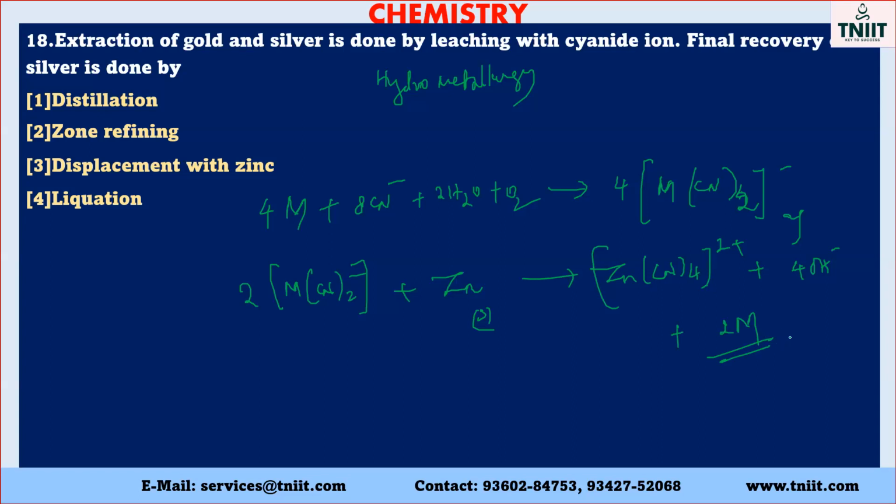This is silver. This is the ore of the metal, and this is the pure metal. So the extraction of gold and silver is done by leaching with cyanide ion. The final recovery is done by displacement with zinc. Hence the answer for this question is option 3.